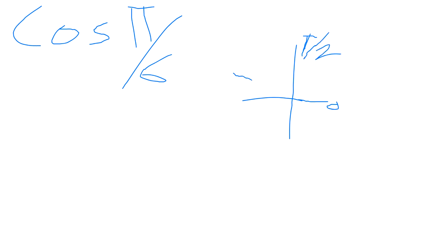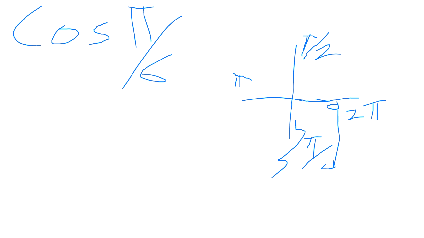So if we look at the CAST, and please, you always draw your CAST, it's very important. 3 pi over 4, and here is 2 pi. So pi over 6 is the same as 30 degrees.